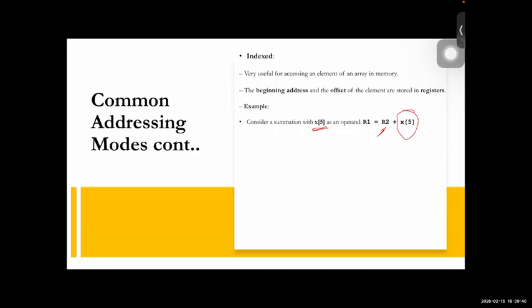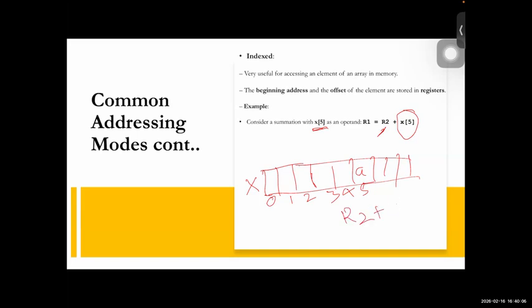So what is happening in this array of elements? If the sequence of elements is arranged like an X array, it is accessing the index. So the beginning index is 0, 1, 2, 3, 4, and 5. The fifth element, suppose A, will be used to add with R2, R2 plus A. Here, this is the beginning address and this one is the offset.